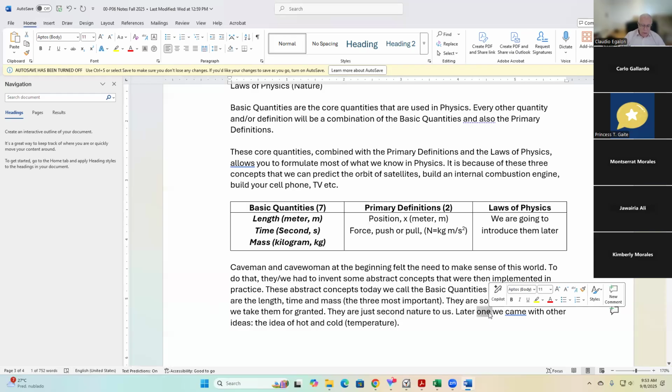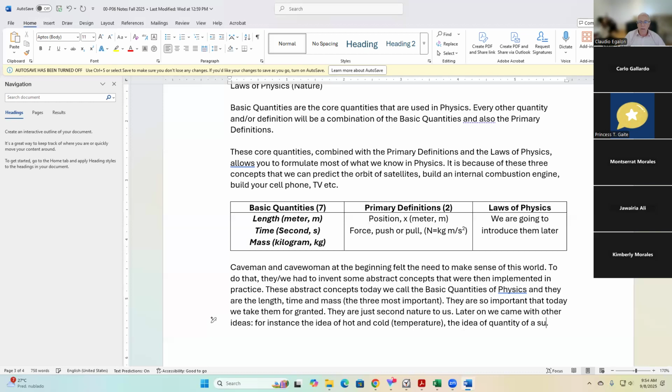Later on, we came up with other ideas. For instance, the idea of hot and cold, and the idea of quantity of a substance, and that is measured in terms of the mole.